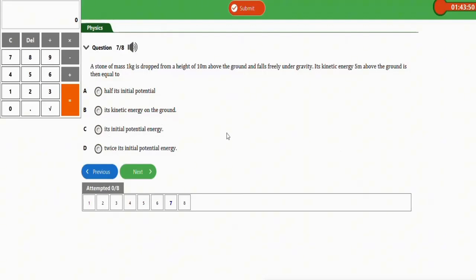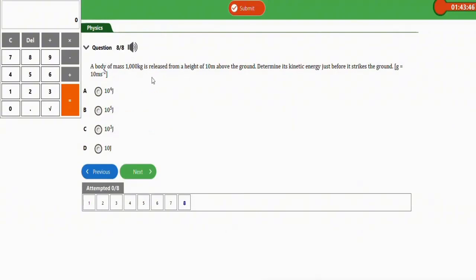Lastly, let's look at this. It says a body of mass 1000 kg is released from a height of 10 meters above the ground. Determine its kinetic energy just before it strikes the ground. The kinetic energy just before it strikes the ground will be equal to the potential energy, mgh. For the question, mass is 1000 kg times acceleration due to gravity, which is 10, times our height, which is 10.